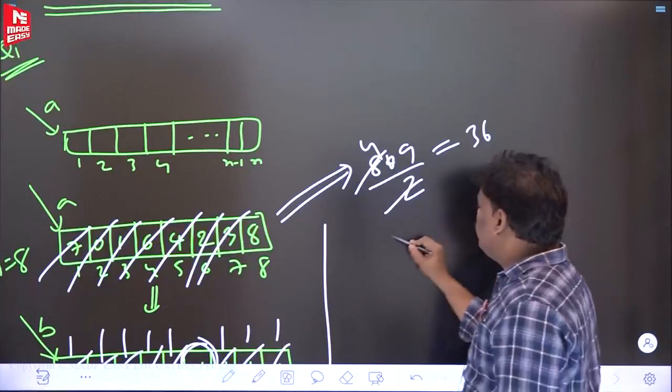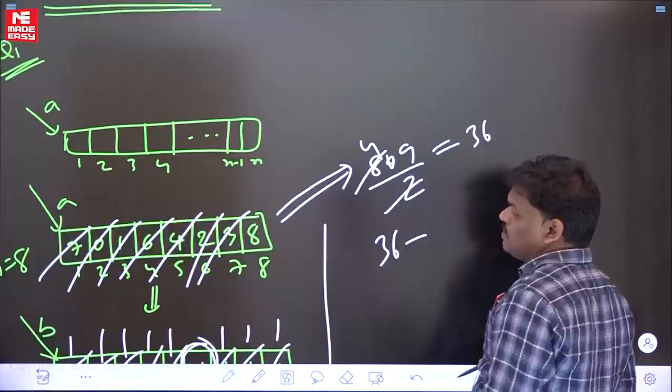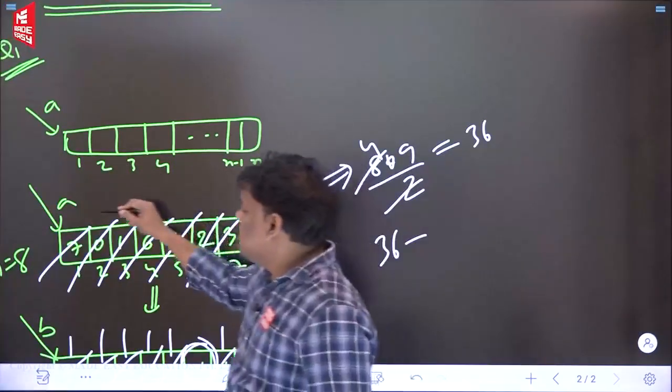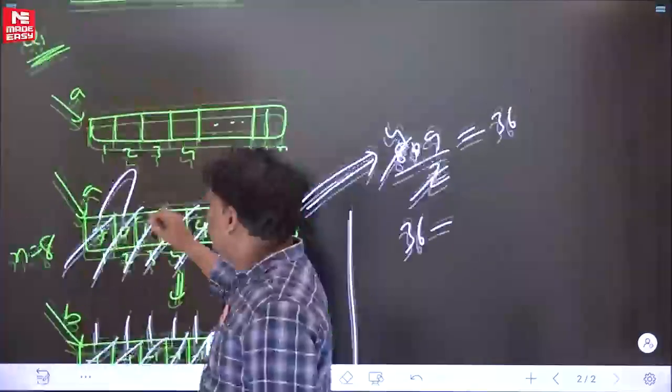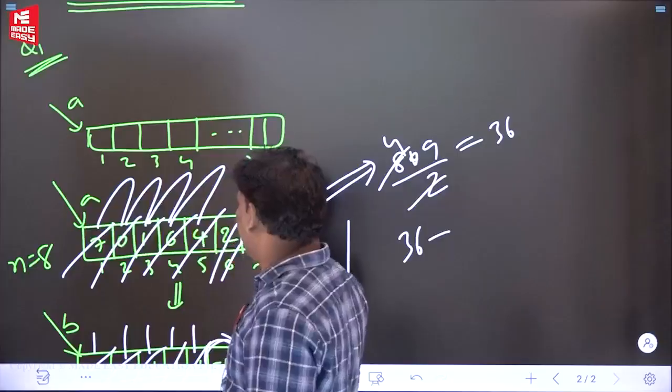Now what will you do? 36 minus the sum of all these people. Can you add all of them? 7 plus 0 is 7, plus 1 is 8, plus 1 is 8, plus 6 is 14, plus 4 is 18.